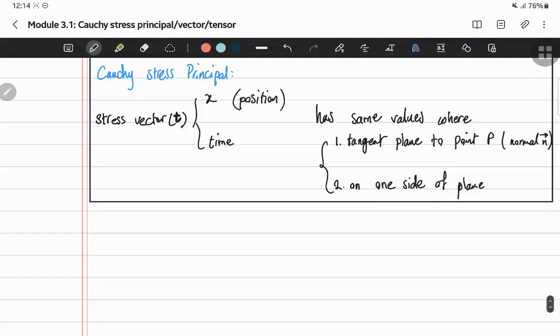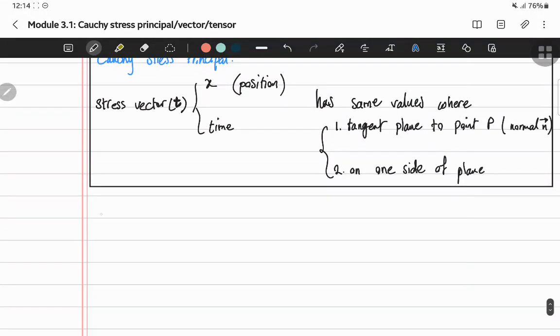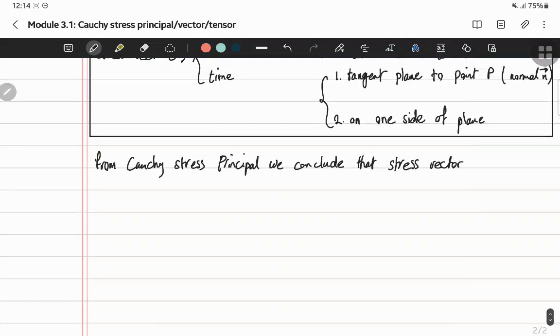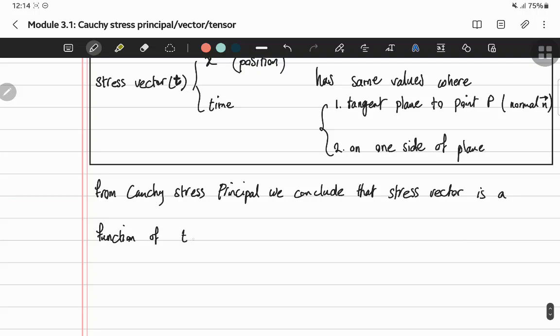All right. So from Cauchy stress principle, we conclude that the stress vector is a function of position, time, and n. Let me just shift this to the right.